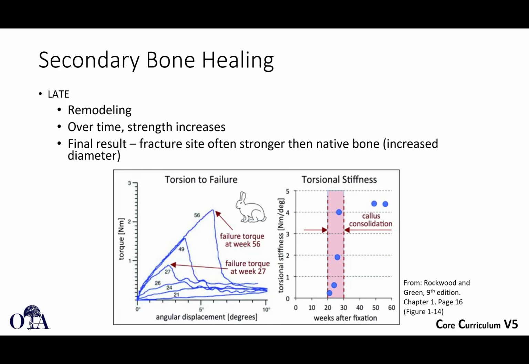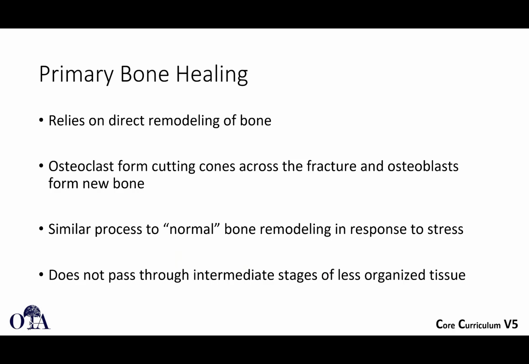And then the late phase is remodeling, and over time the strength will increase, and sometimes you can even have a healed fracture be stronger than the original bone was in the first place. So with primary bone healing, this is actually not the natural bone healing. This is unnatural bone healing, and this relies on direct remodeling of bone.